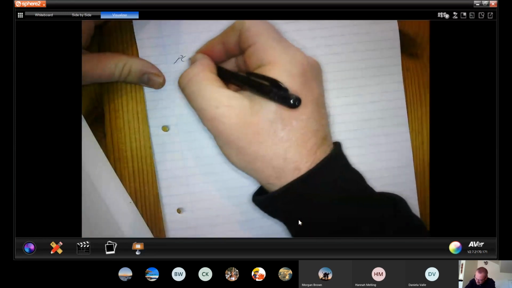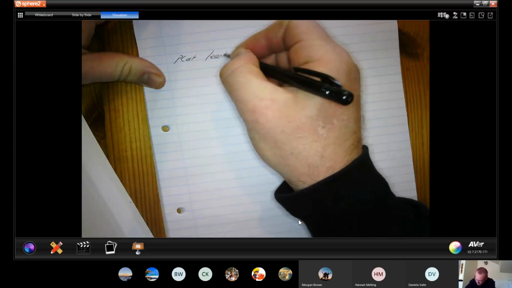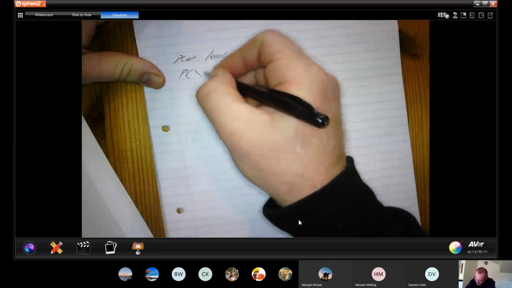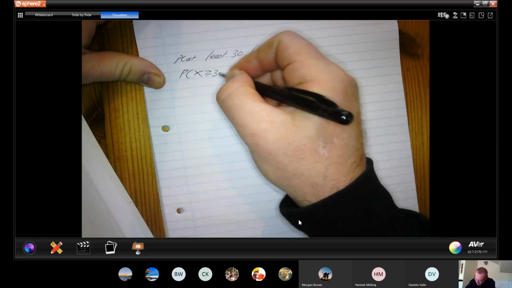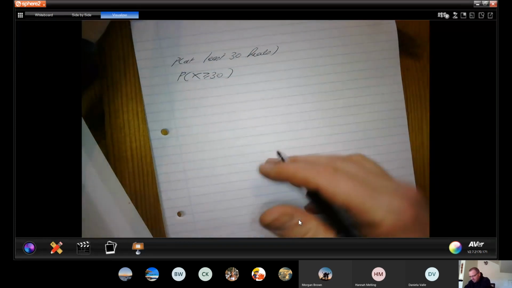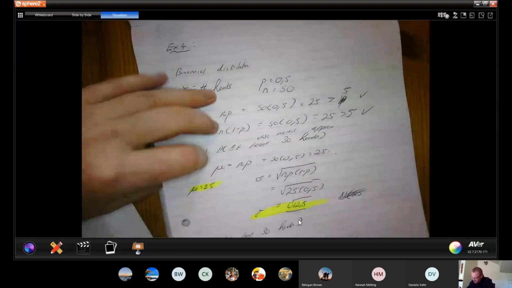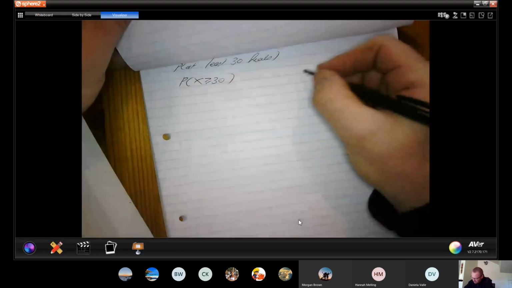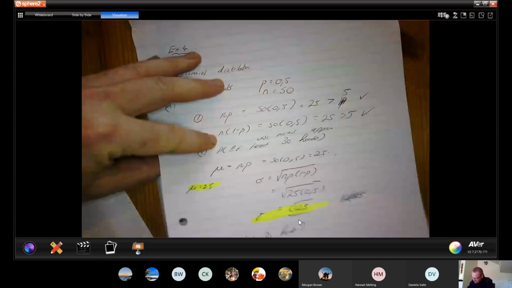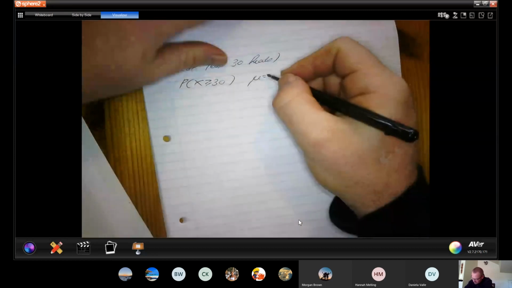Probability of at least 30 heads. So we're looking for the probability that x in the binomial is greater than or equal to 30, where sigma is the square root of 12.5, and mu was 25.